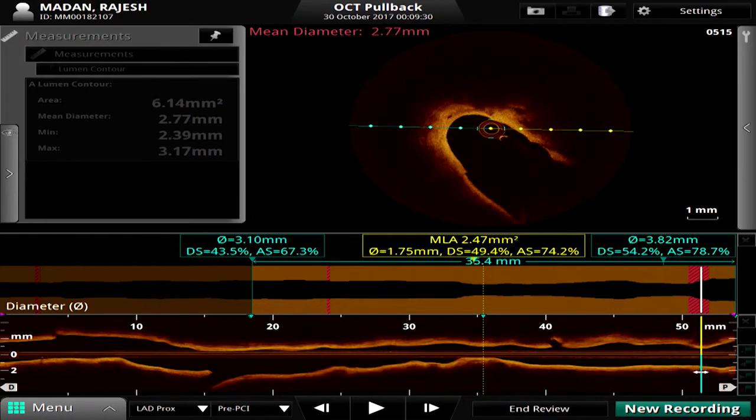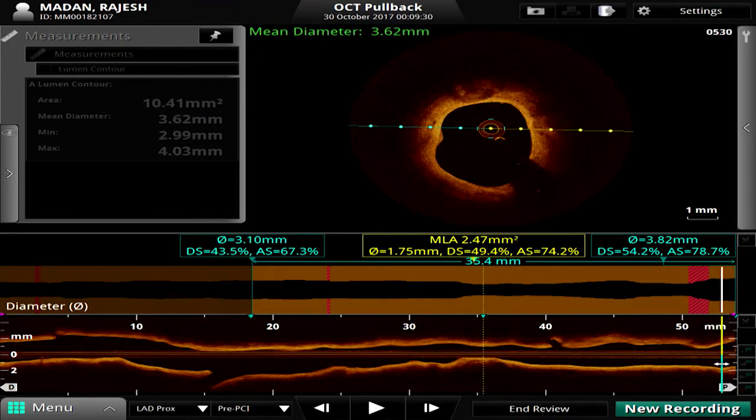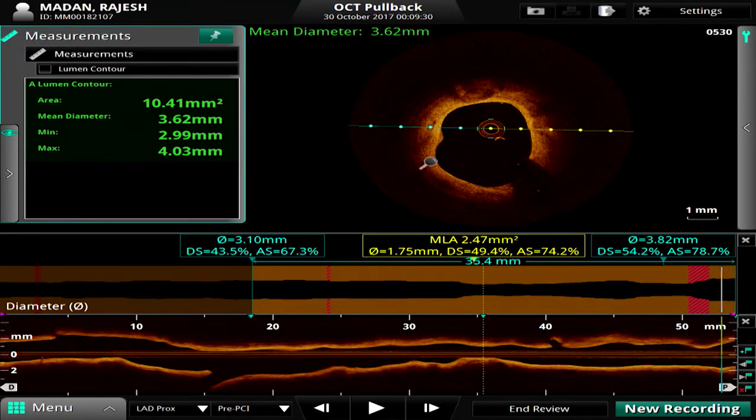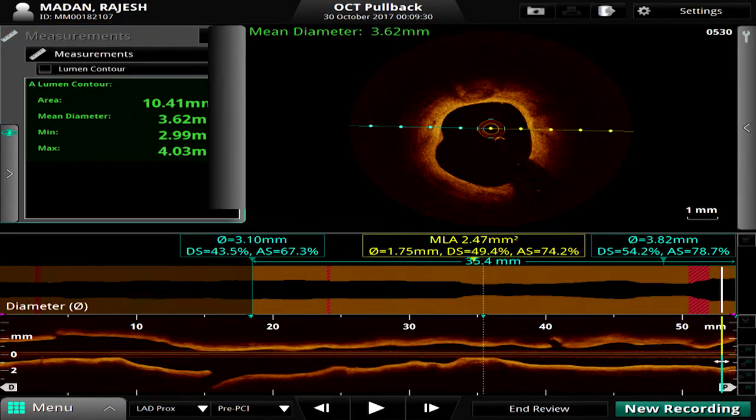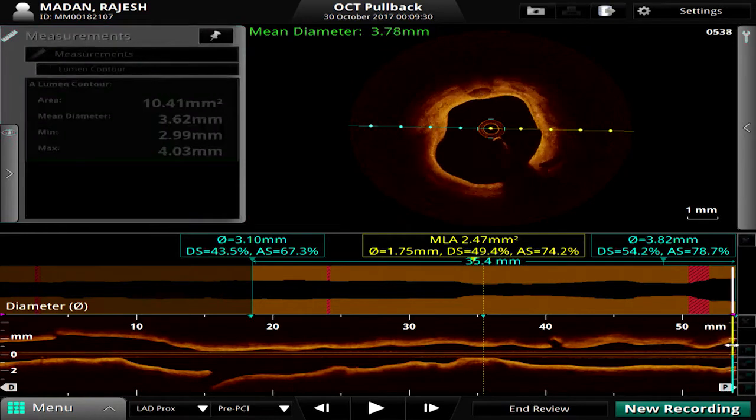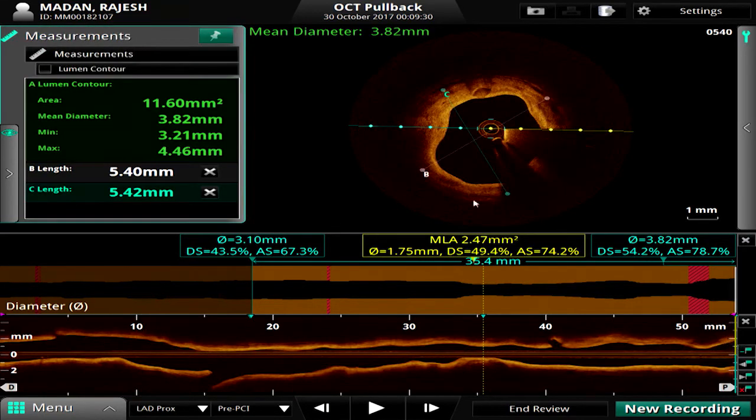And if we come to the left main, we all know from the previous studies from Mehran et al. that whenever you have ostial LAD disease, there is always a distal left main disease. And it is true here, even though the lumen appears big at about 10 millimeters square, you can see a lot of plaque. Unfortunately, from the LAD pullback, even though we got the distal left main, we are not able to see the ostial left main lesion here.